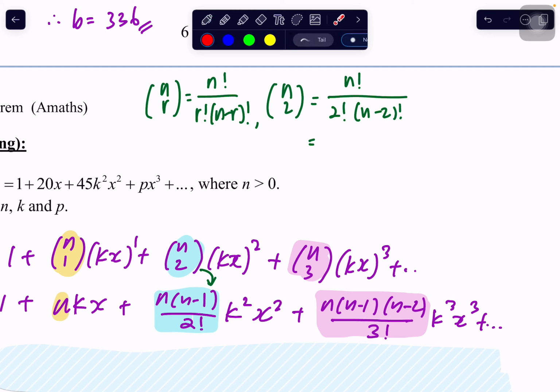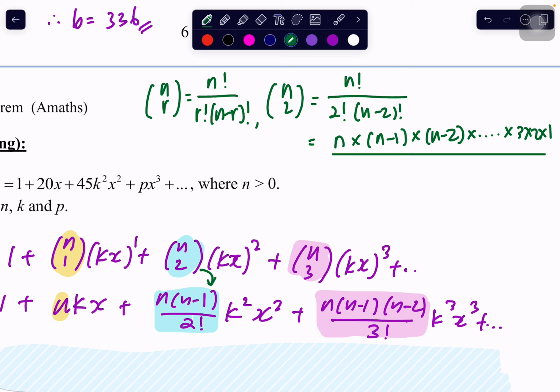Based on the definition of factorial as indicated in the part 1 video, n factorial means you multiply n times the preceding term, which is 1 lesser, then times n minus 2, all the way to 3 times 2 times 1.